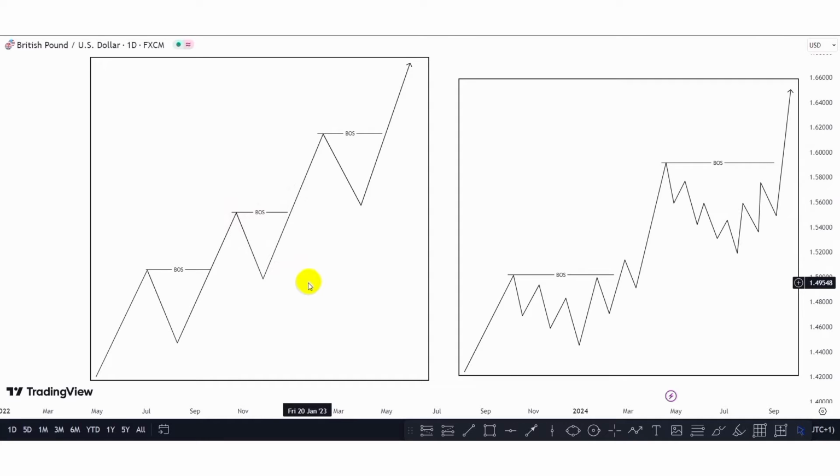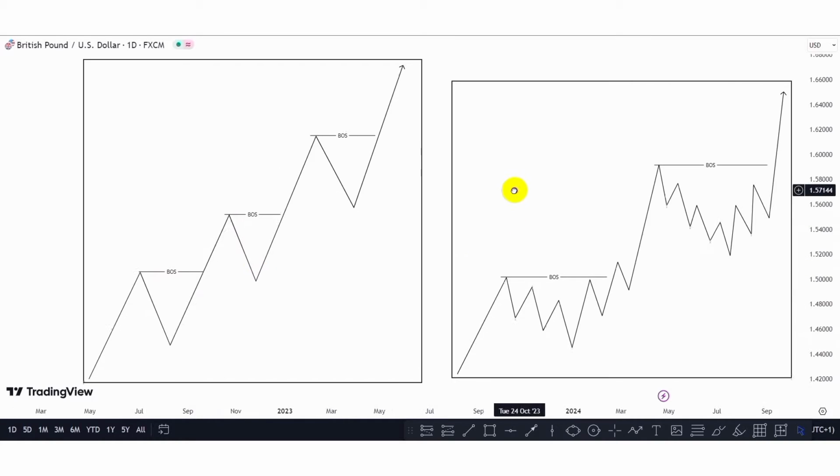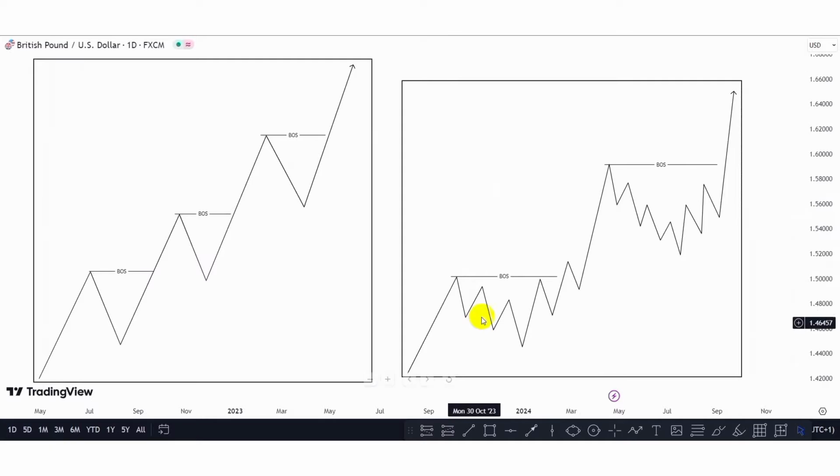But then you must understand that the market doesn't move in a straight line. The market creates waves. So you can see this is how price moves in a real-time chart. Price would give you the impulsive move. And within the impulsive move, when you drop to a lower time frame, you're going to see a bullish market condition.